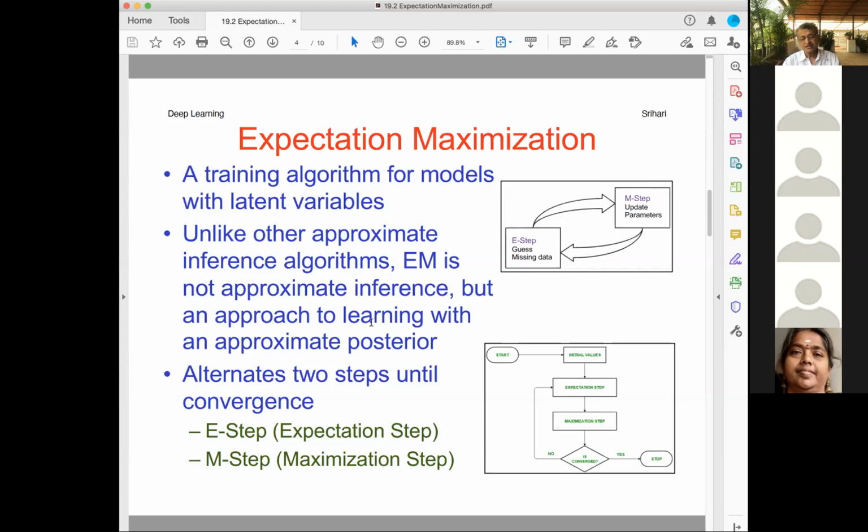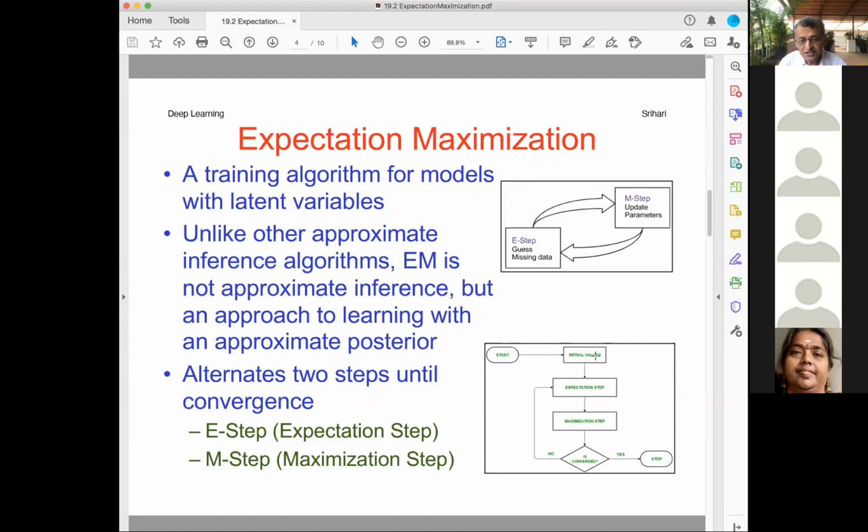So there is a characterization of it that we are dealing with a distribution that is being updated. So it alternates two steps until convergence. The E step is the expectation step, and the M step is the maximization step. It's also shown in terms of a flow chart.